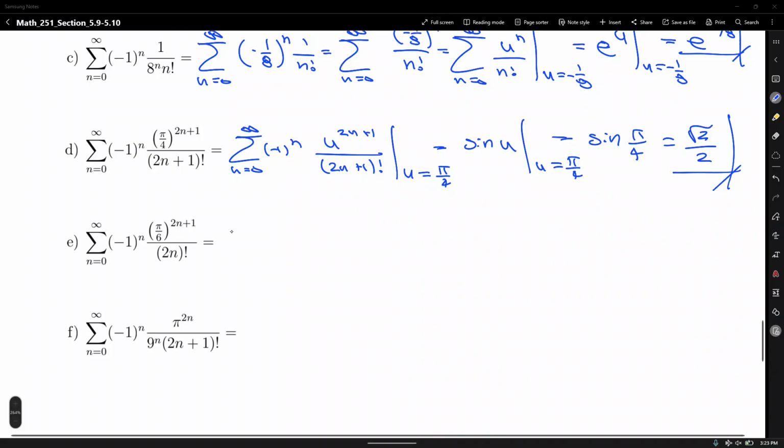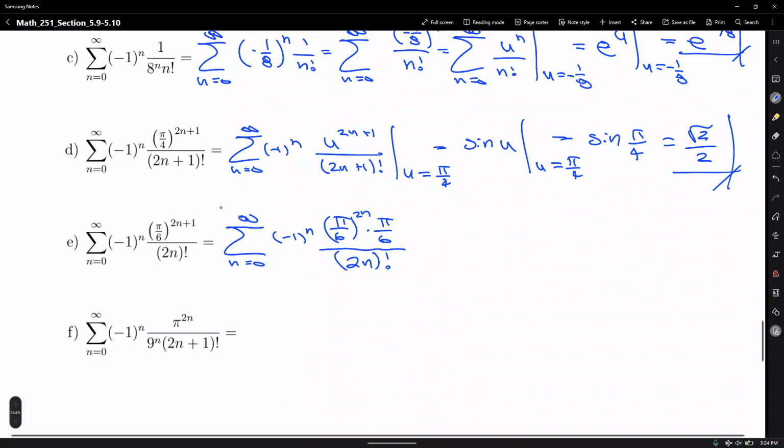Okay, guys, check this out. Sigma n equals 0 to infinity. I'm going to use laws of exponents. That's going to be pi over 6 to the 2n times pi over 6 to the first power, essentially, right? That'll be the 2n plus 1 power, okay? Everything divided by 2n quantity factorial.